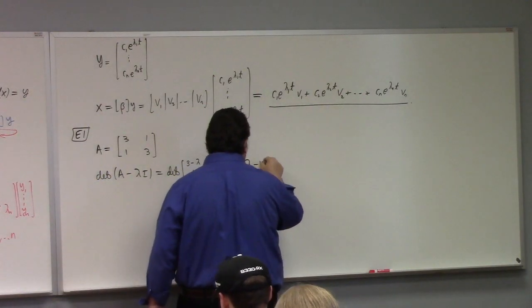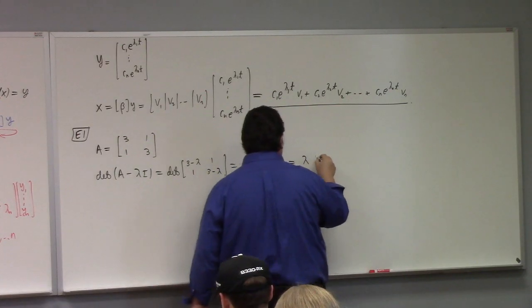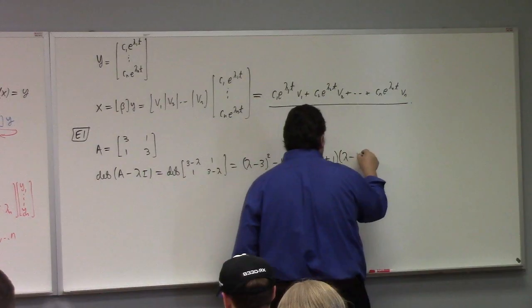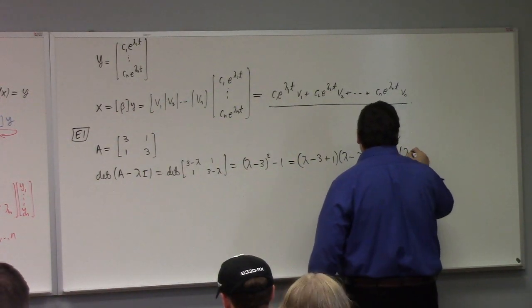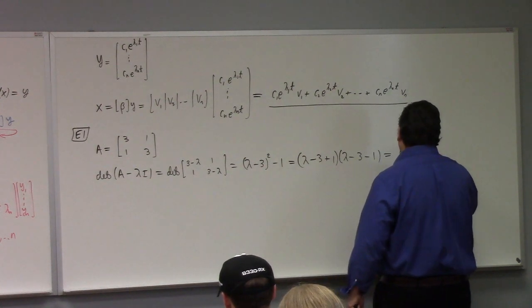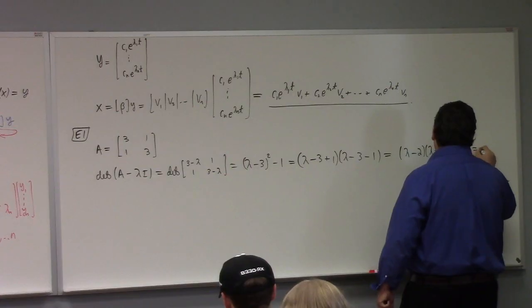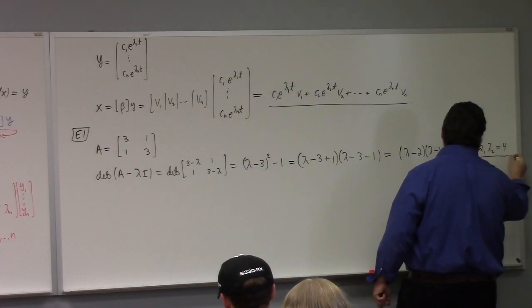I get (lambda minus 3) squared minus 1, also known as (lambda minus 3 plus 1) times (lambda minus 3 minus 1), which gives me (lambda minus 2) times (lambda minus 4). Lambda 1 is 2, lambda 2 is 4.